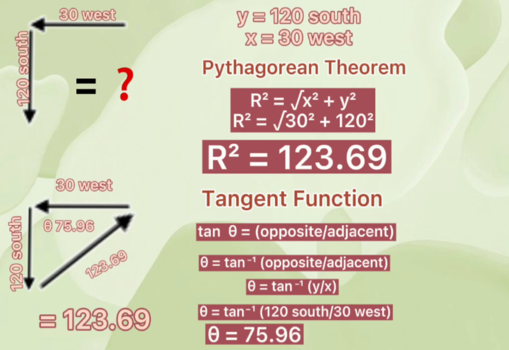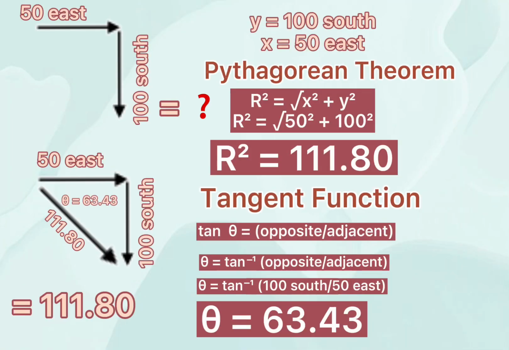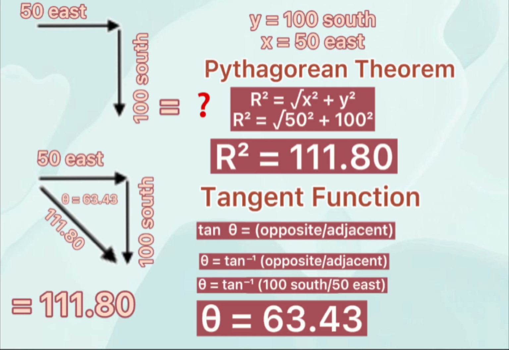Inverse tangent of the quantity 120 over 30, and the answer will be 75.96. Another example is 100 south on the y-axis and 50 east on the x-axis. The first step will always be solving the hypotenuse.